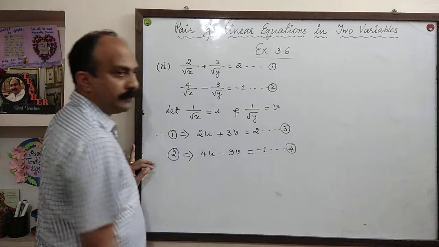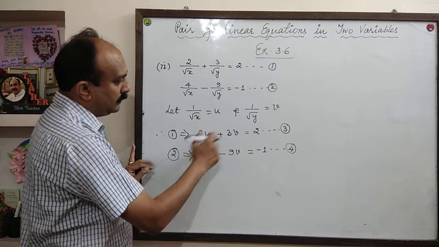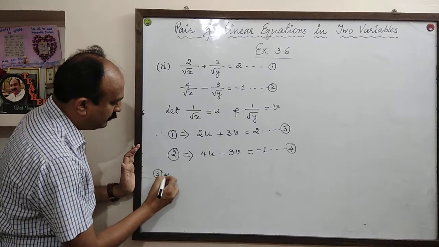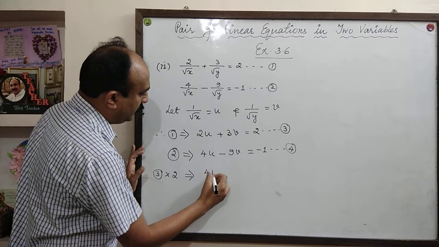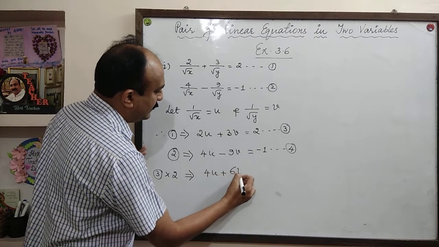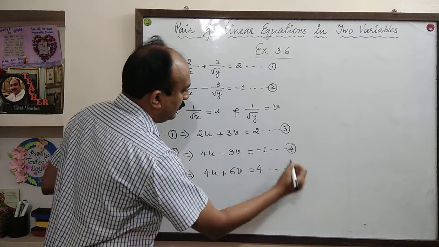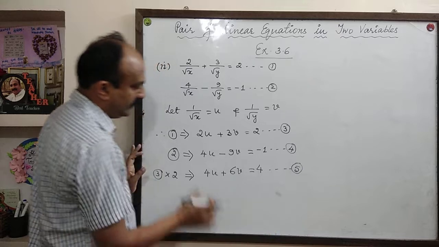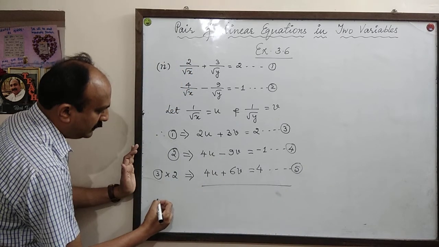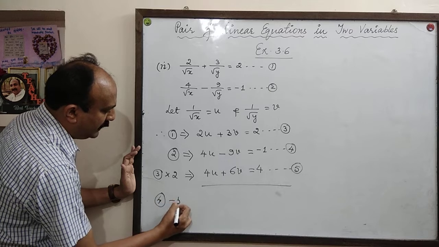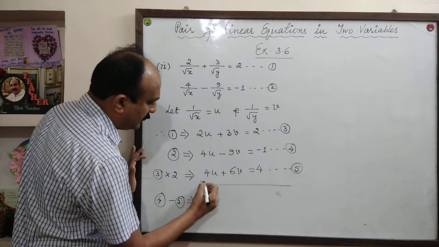Equation number 4. In order to solve them by elimination method, 4u, 2u. Equation 3 multiplied by 2. 2 into 2, 4u plus 3 into 2, 6v is equal to 2 into 2, 4. Let us call it as equation number 5. 4u and 4u, so subtraction. Equation 4 minus equation 5. Subtraction means sign change.